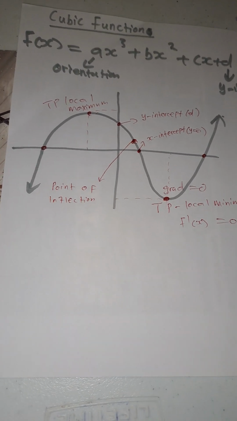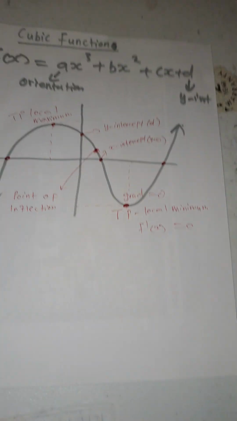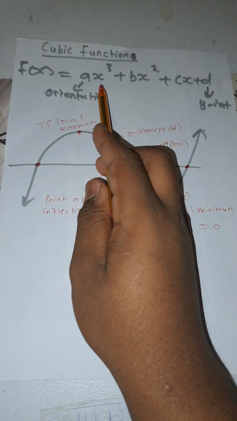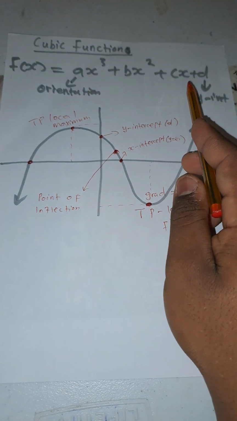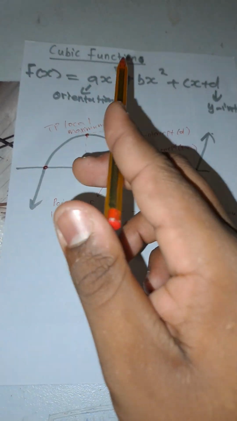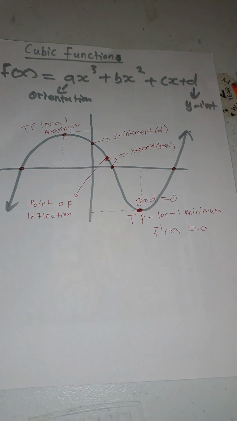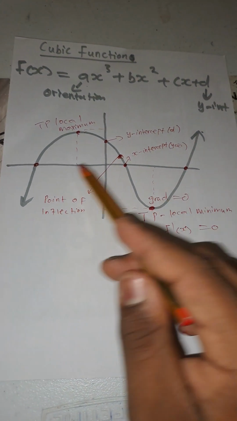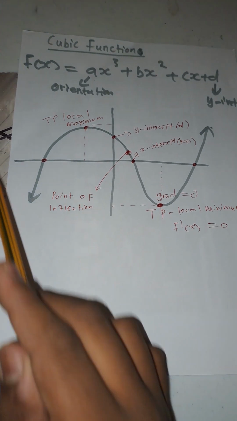Okay, so I have shown you everything. My cubic function formula is ax cubed plus bx squared plus cx plus d, where a is the orientation and d is the y-intercept. This is how the cubic graph looks.